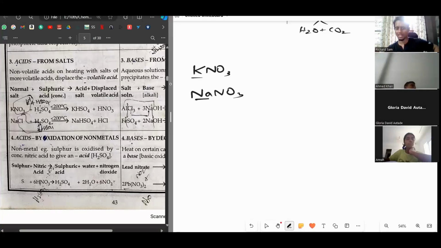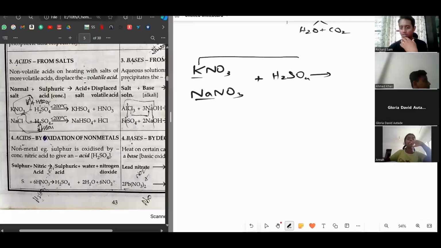Remember, try to use K and Na everywhere as metals because they are the most reactive metals. So this you have to join it with H2SO4. And you'll get a double decomposition reaction. That is, the K will join with SO4 and the H will join with NO3.